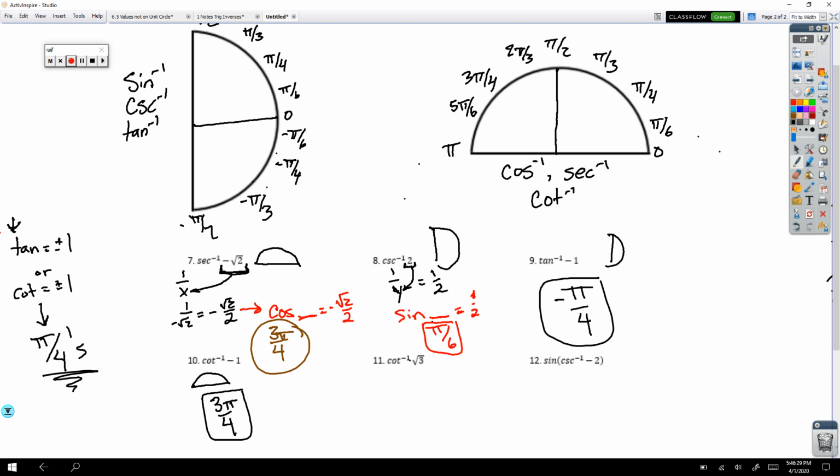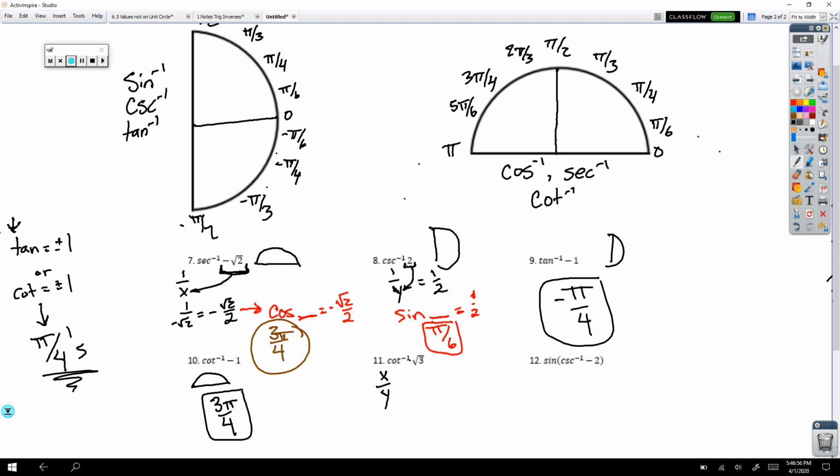Now, the other way to deal with tangent and cotangent, especially when you don't have 1 or negative 1, because that one's easy and you don't have to do much thinking. You just have to remember tangent, cotangent of 1 or negative 1, that's going to be one of the pi over 4s. Now, when it's not, and it has a radical involved, we want to think about my fraction. So, cotangent is x over y.